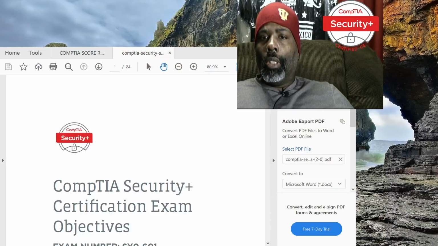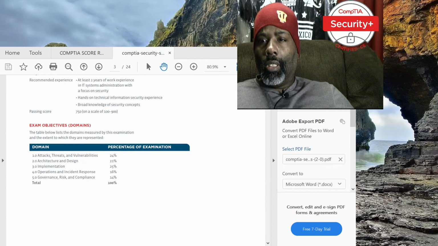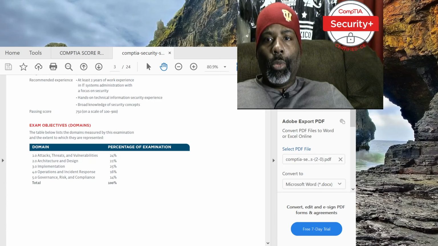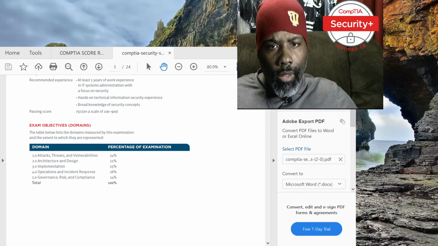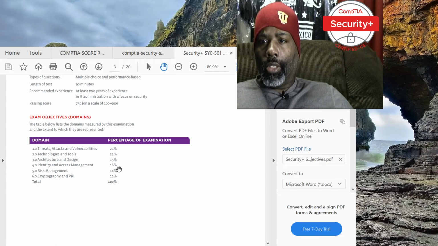Let me give you an example. When you go over to the mighty 601 objectives, here's what you have. But when you come back to those mighty 501 objectives, here's what you have.